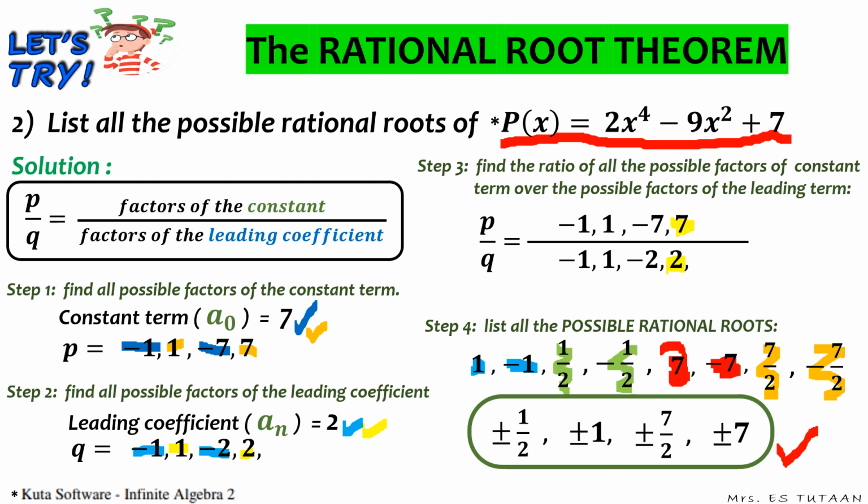Lahat ng roots na yon ay dito lang natin makukuha. Diyan lang, no other possible answer for the roots. Dito lang tayo magko-concentrate. But again, we will have another set of video for getting the real roots from the possible rational roots. Okay? Sana ay nakasunod.